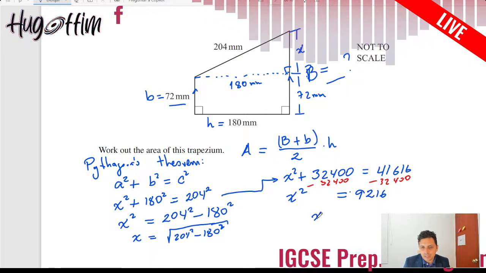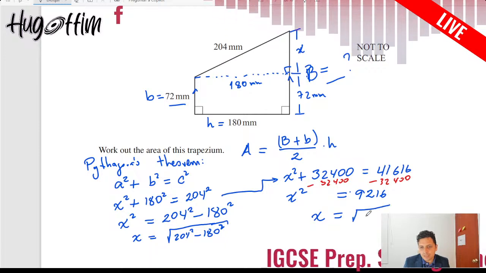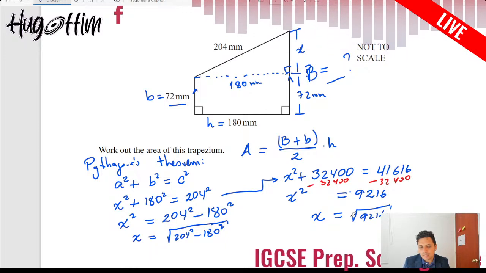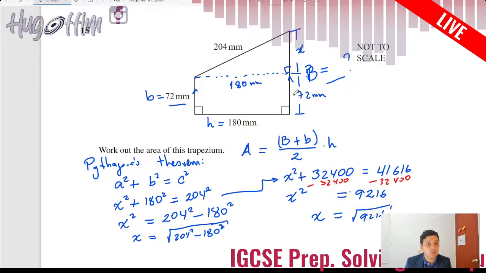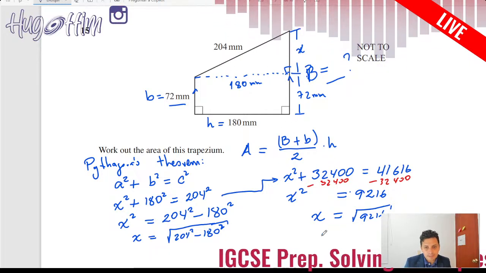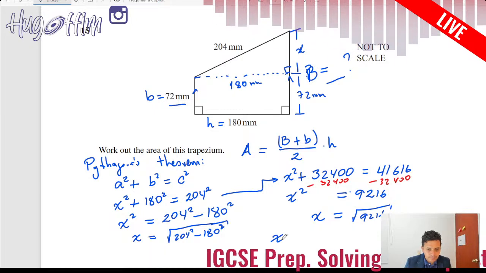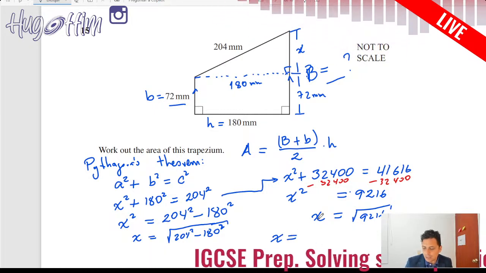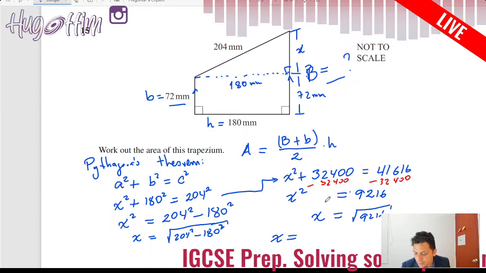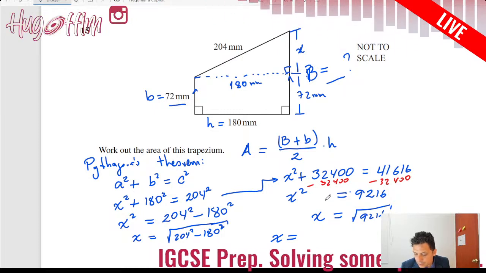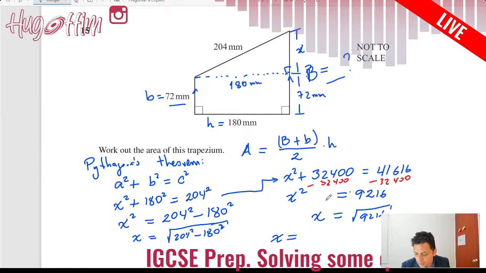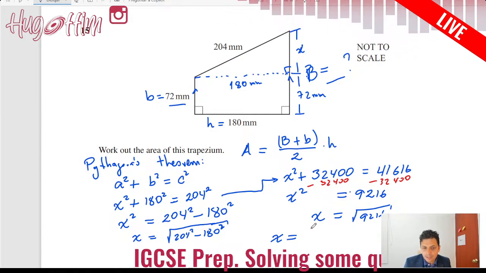And finally, I just can get the square root of 9,216. Remember that here we can have two options, positive or negative, but these are distances, so it will be only positive. So x is going to be the square root of 9,216. It's 96.